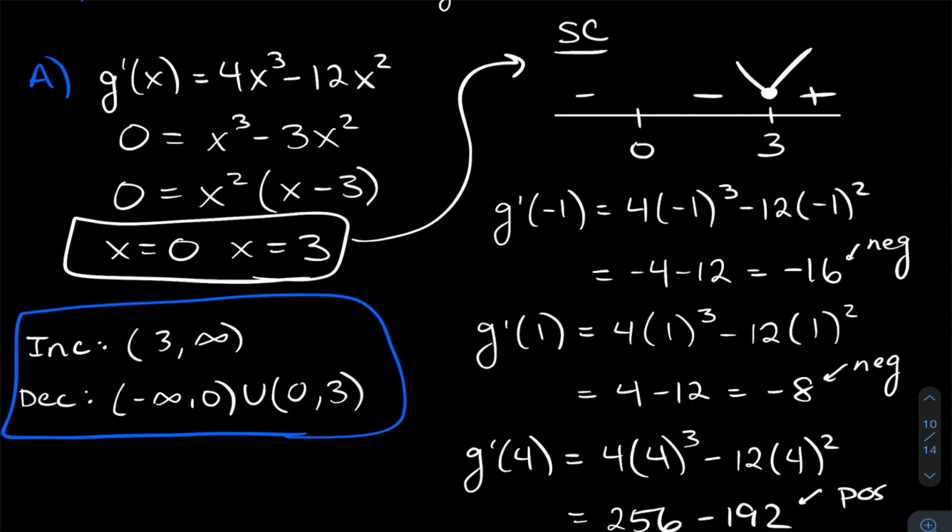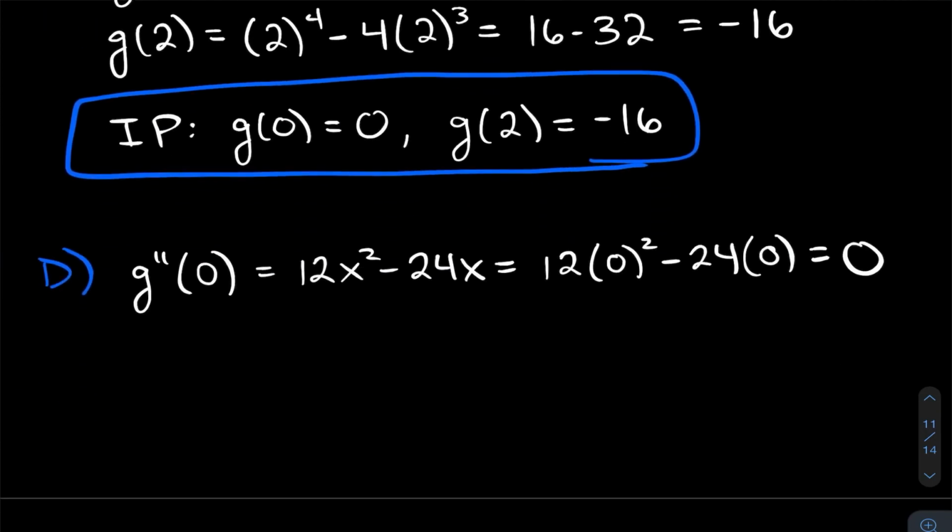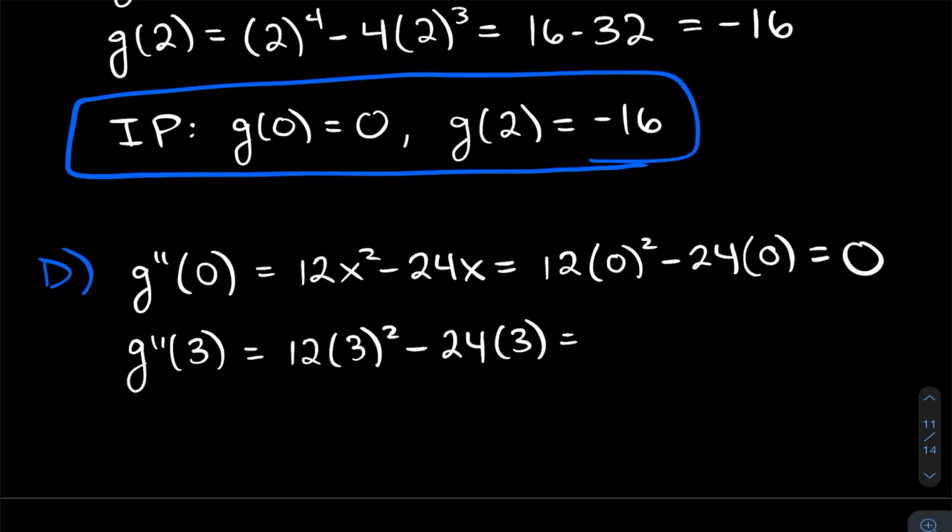So we know there's going to be a min. And so you'll see that here when we plug into the second derivative. G double prime of 3 is going to be 12 times 3 squared minus 24 times 3. Plugging in there, you're going to get 12 times 9, which is 108.